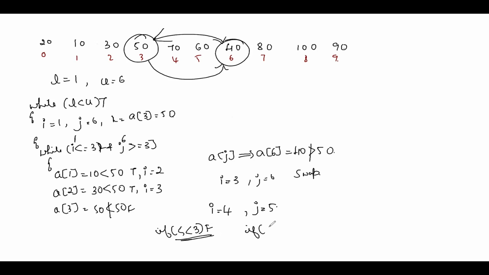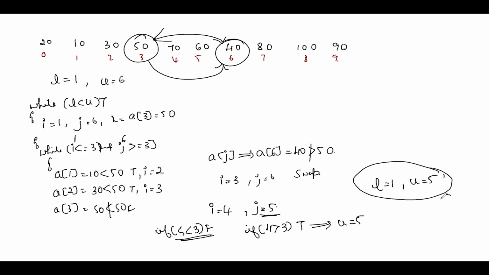Next, I will check if 4 is greater than k value, which is 3. Yes, it is true, which implies that I'm going to change my upper bound to the value of j, which is nothing but 5. Hence, now the new limits are going to be L value is going to be 1 and U is going to be 5. I'm going to work on this now. Hence, we will do the next iteration.